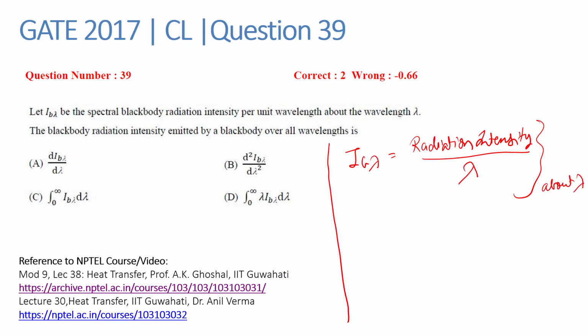So for the wavelength lambda, we have been given the spectral blackbody radiation that is given by I_B lambda, and we have been asked to find this across all the wavelengths. So we will be integrating this I_B lambda term from 0 to infinity across all the lambdas, and this term is known as my blackbody radiation intensity.